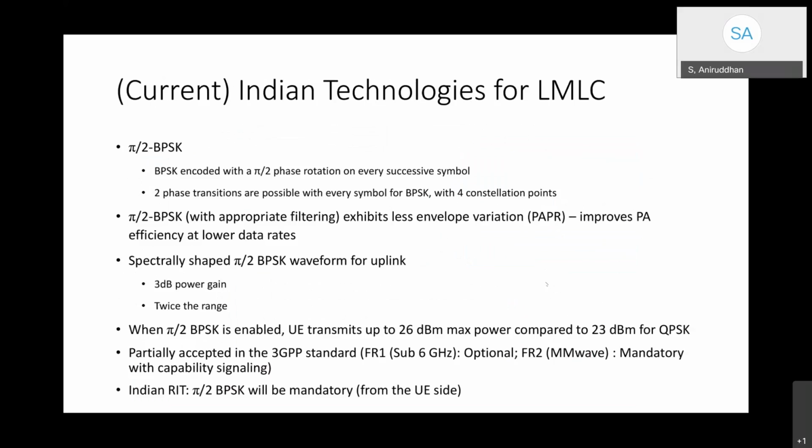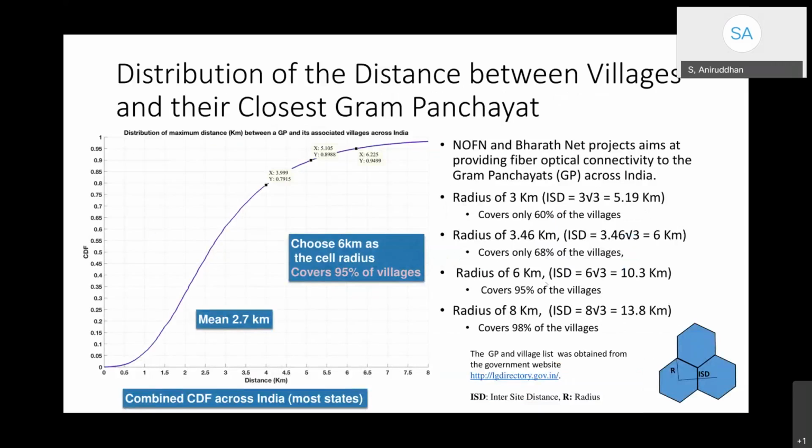Remember that the cell size for LMLC is larger than the traditional cell size. The cell size for normal cellular communication is typically of the order of 2-3 kilometers. The cell size for LMLC is going to be larger, because the mean cell radius that covers 95% of villages is 6 kilometers.